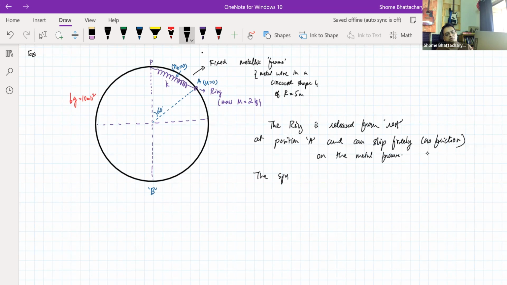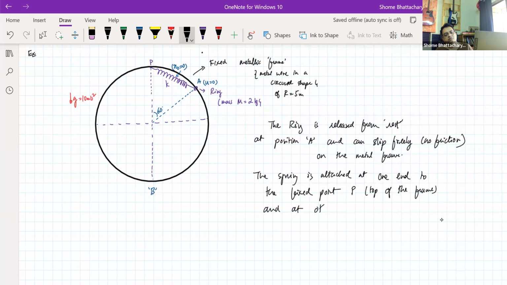The spring is attached at one end to the fixed point at the top of the frame, and at the other end to the ring. At A, that is the initial state, the spring is in relaxed state.